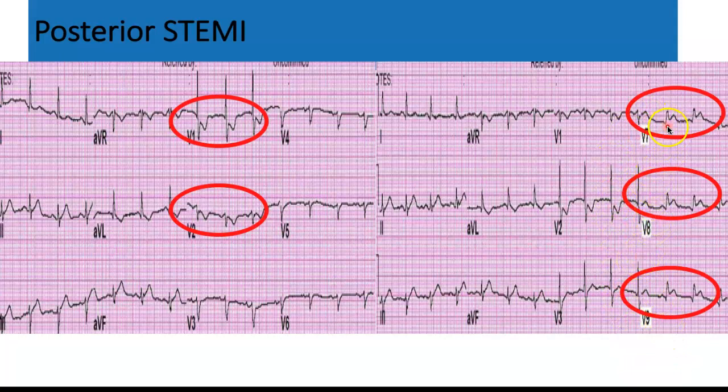And you can see that there is, in fact, ST segment elevation in leads V7, V8, and V9. And this would be consistent with a posterior wall STEMI. There are also Q waves here in the posterior leads.